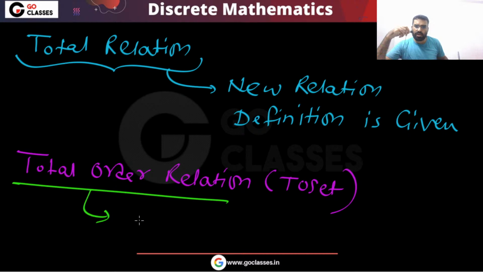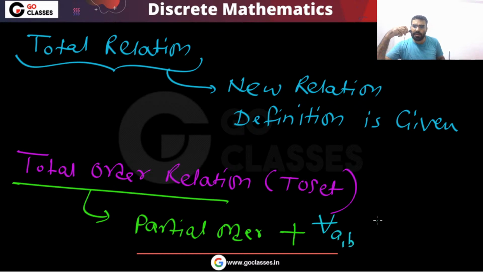This is a partial order. This is a partial order plus, remember, every two elements comparable. For all A comma B, either A is related to B or B is related to A. This is the idea.